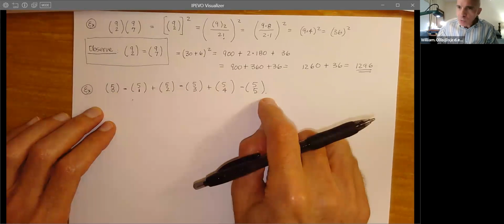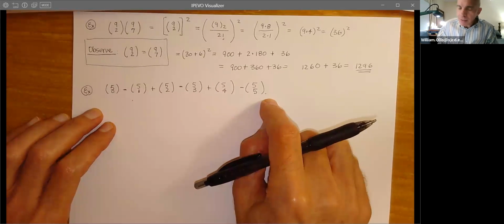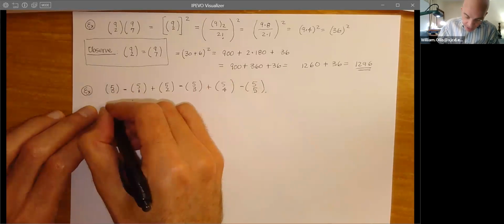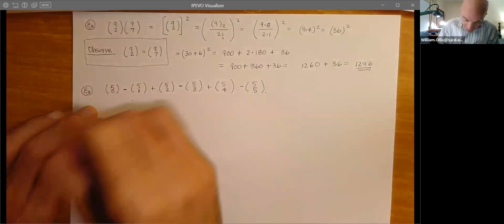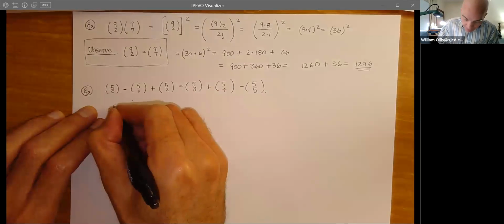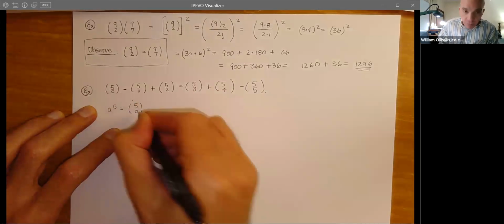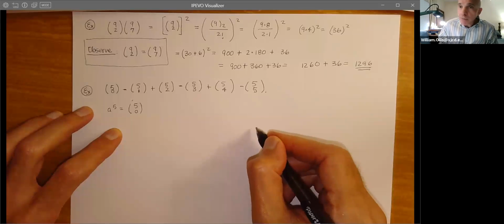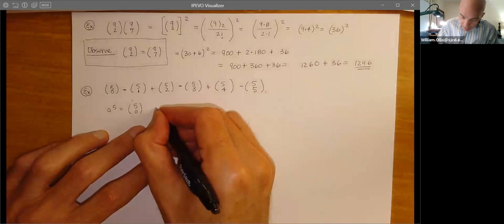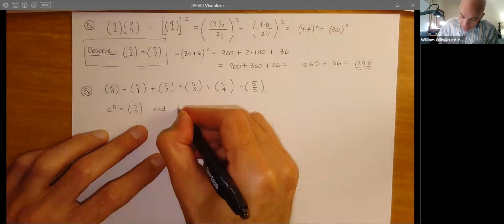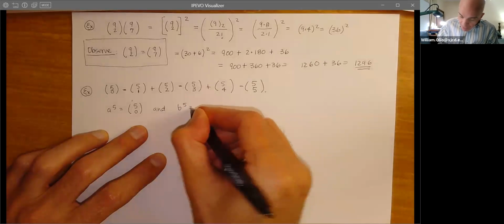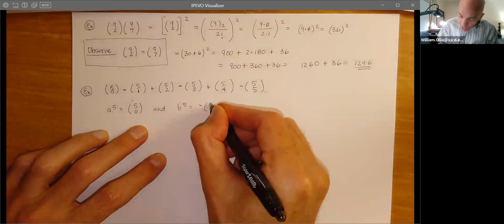These are the coefficients right there, accepting the signs. So then I can say, well, a to the 5th is just 5 choose 0. That's all that's left. And b to the 5th is the negative of 5 choose 5.